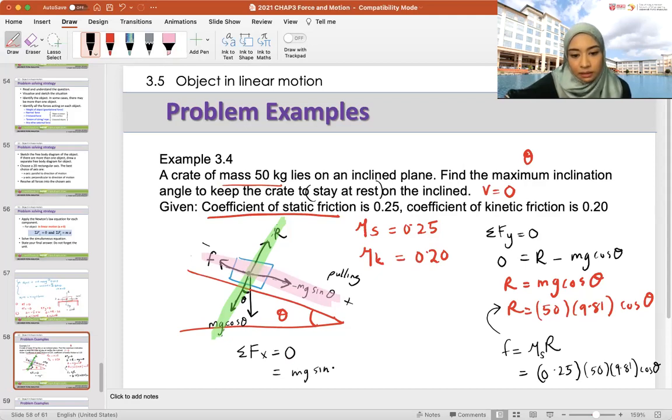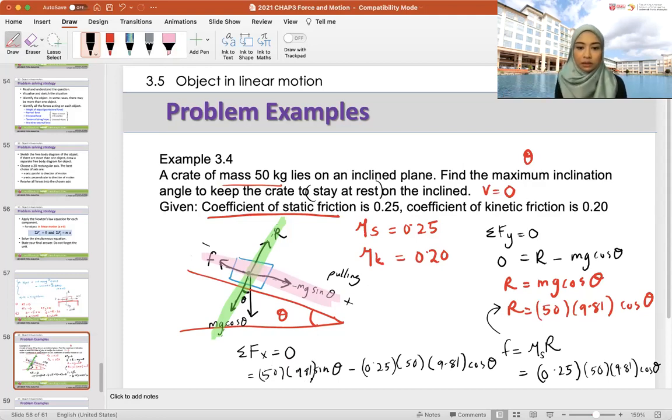Mg sin theta and minus friction, which is 0.25, 50 times 9.81 cosine theta. Mg kita tahu apa, we can substitute that inside here terus. So this is 50 times 9.81. Theta tak tahu, and this is equal to 0.